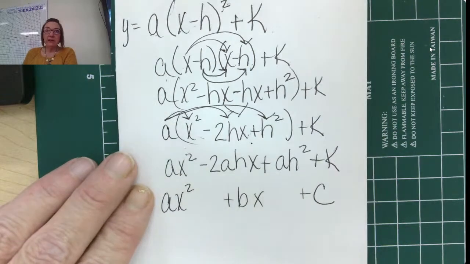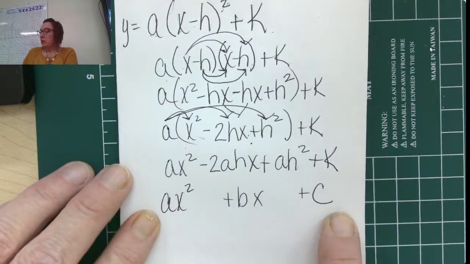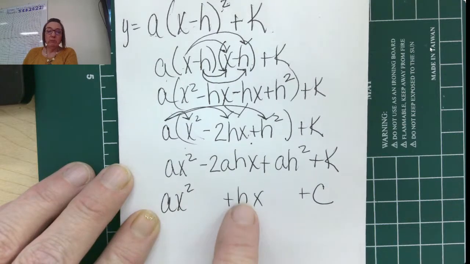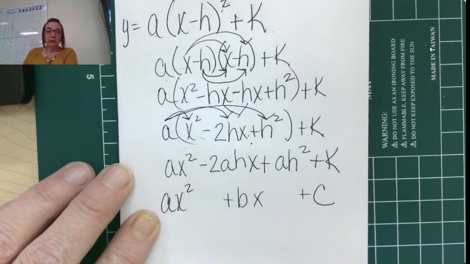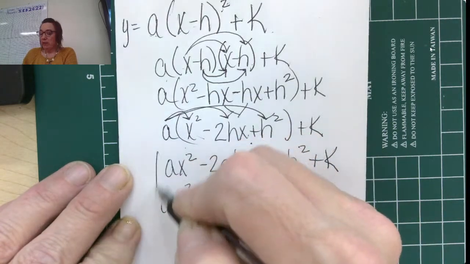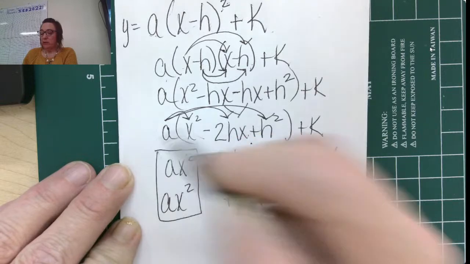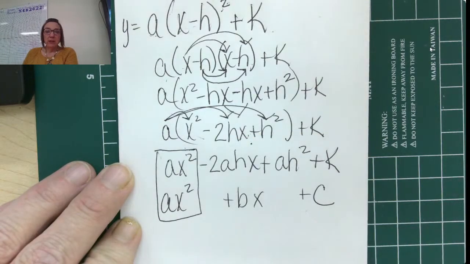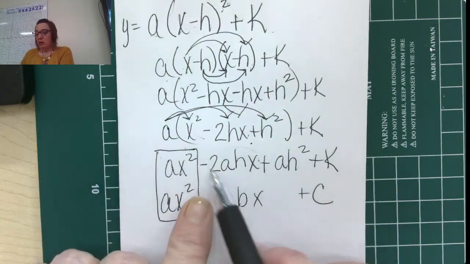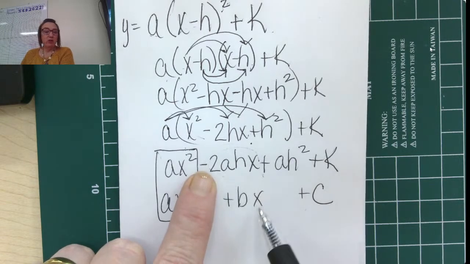and compare it to this. Now, this is standard form, right? A would be a number, B would be a number, C would be a number. Do y'all notice that we have ax squared and ax squared? Do you notice that this term is the only term that has just an x in it?